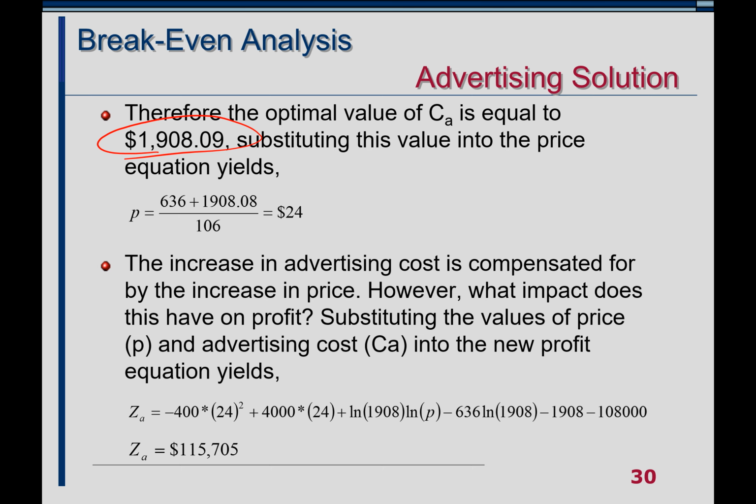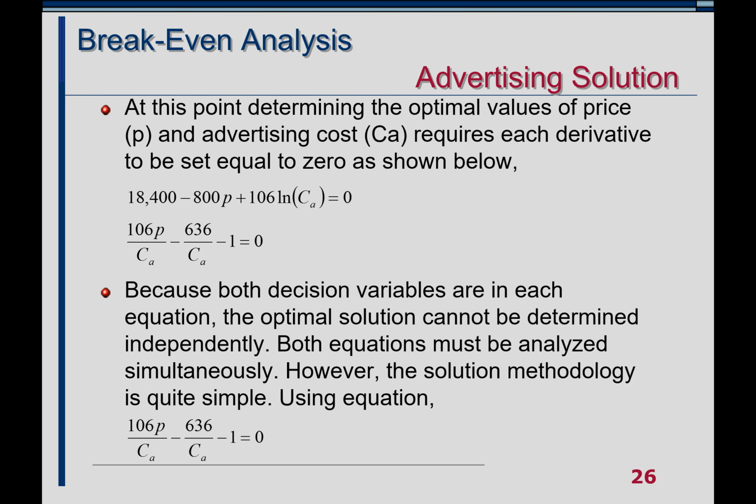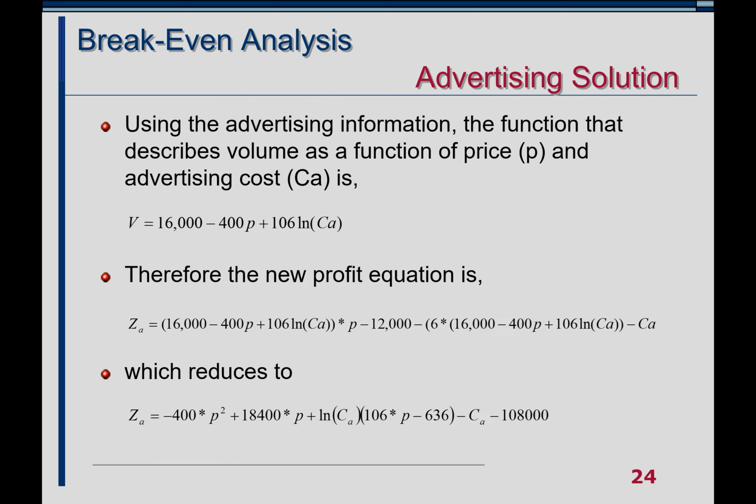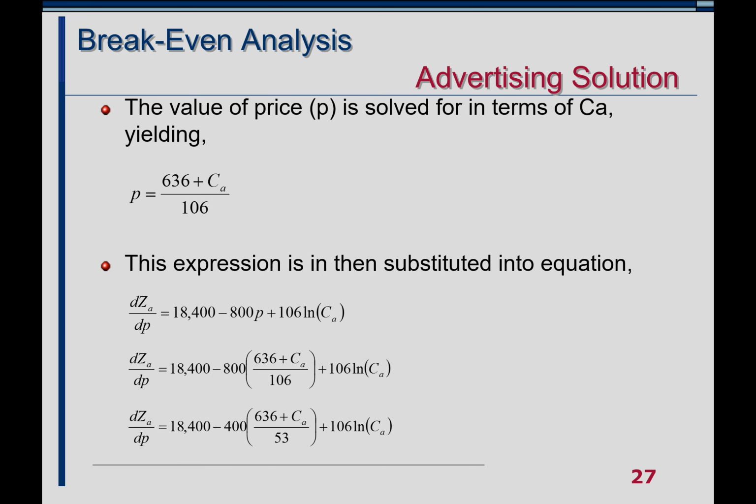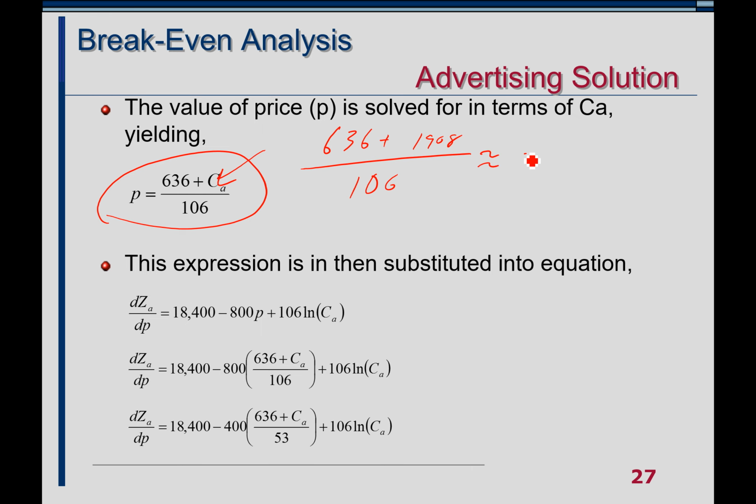Before it was 23. Remember we had $23. Well, P, if you recall, is a function of advertising cost. So 636 plus 1908 divided by 106 gives approximately $24.